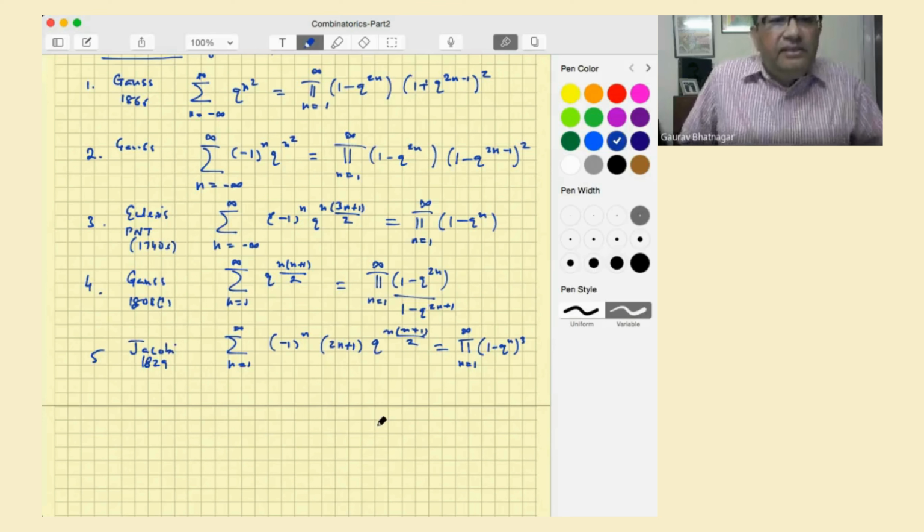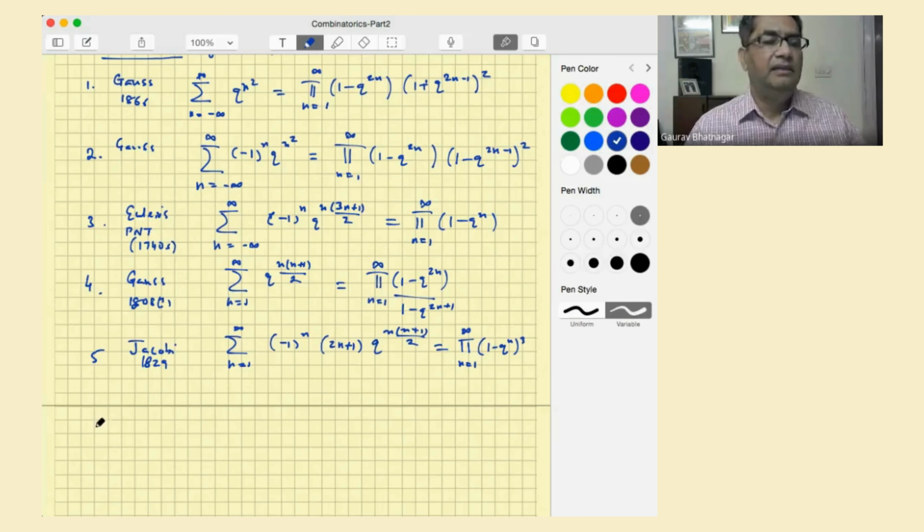Okay, so there are these 5 classical results, and I should remark over here. What is this? This is the generating function for squares, right?